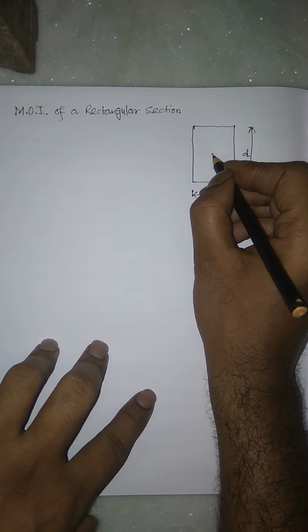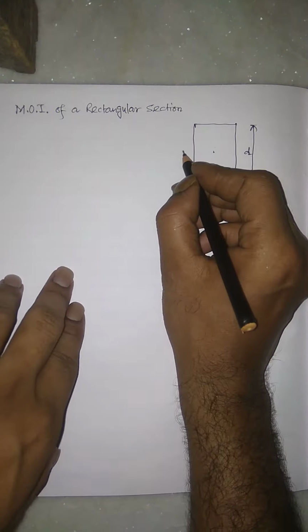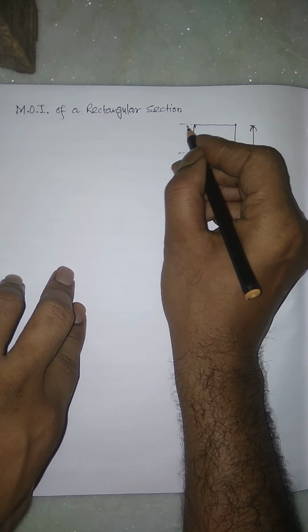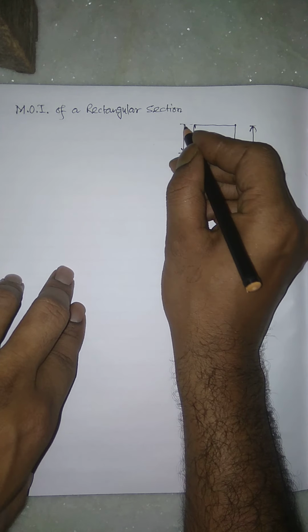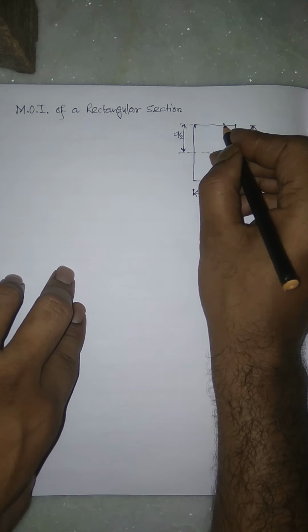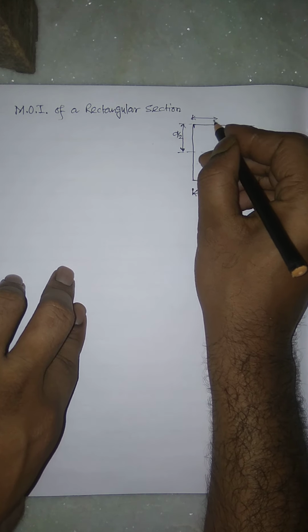So the CG should be at a distance D by 2 and this is at a distance B by 2.